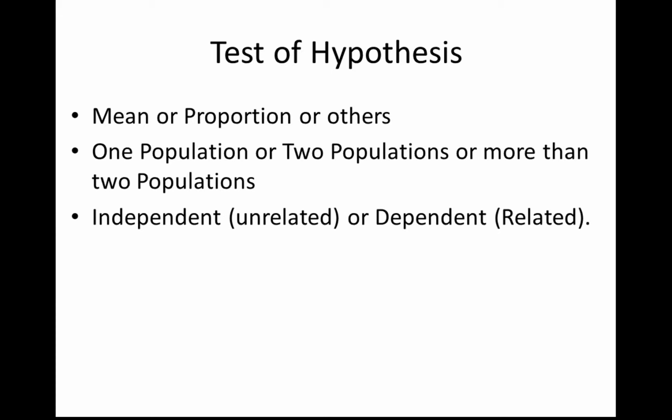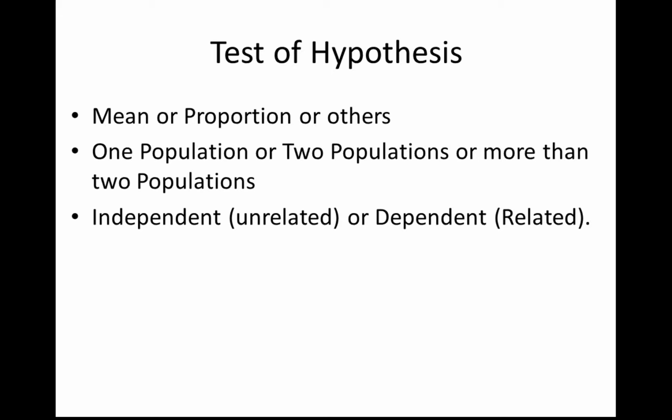Next, I need to determine if the type of problem I am dealing with is independent or unrelated, or dependent or related. When I'm reading it, I find that it deals with two districts.